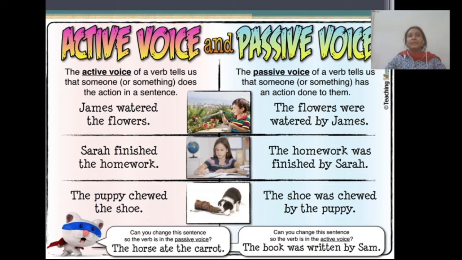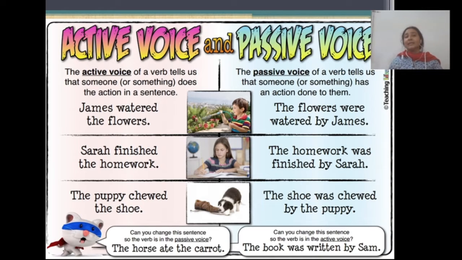Next. Now, let's take more examples to understand active and passive voice. The active voice of a verb tells us that someone or something does the action in a sentence. As you can figure out from the first image, a boy is watering the flowers. So, James watered the flowers.